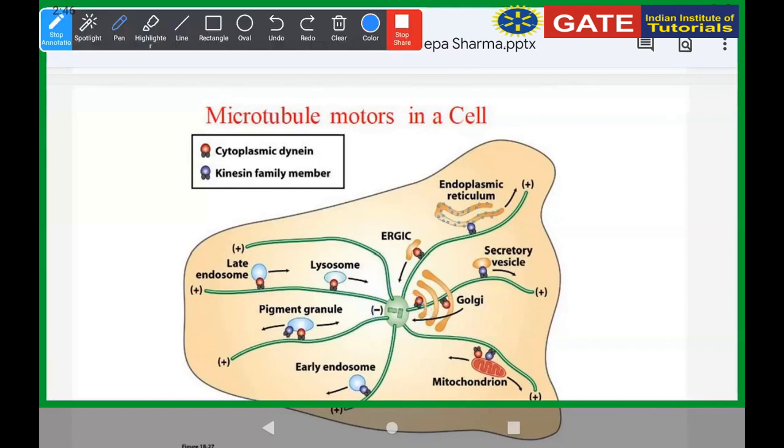At the center, two perpendicularly arranged structures are given, right? These two are the centrioles.